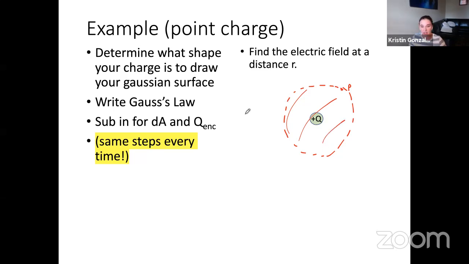The second thing we're going to do is write Gauss's law. So we know Gauss's law is the closed surface integral of E dot dA equals Q enclosed over epsilon naught.